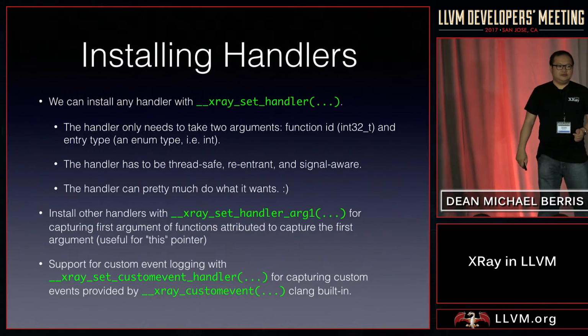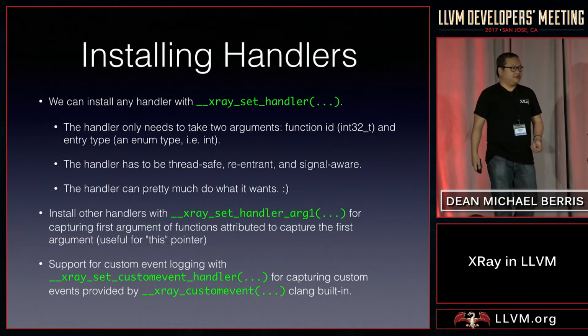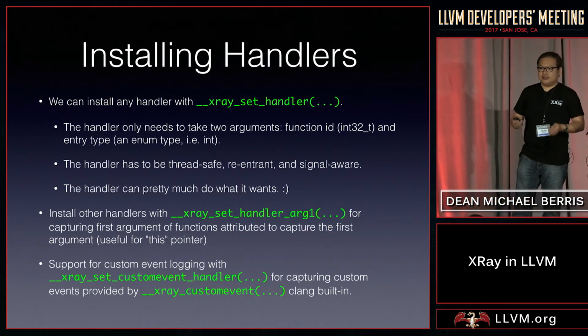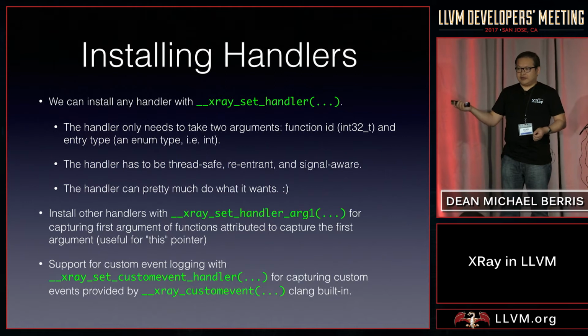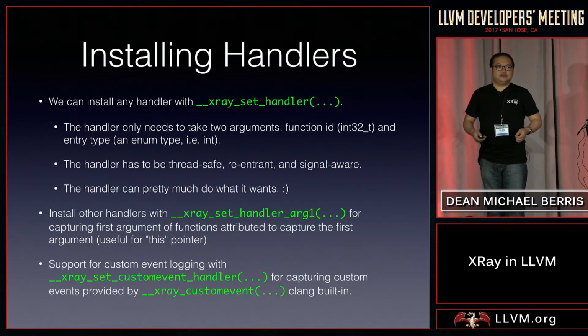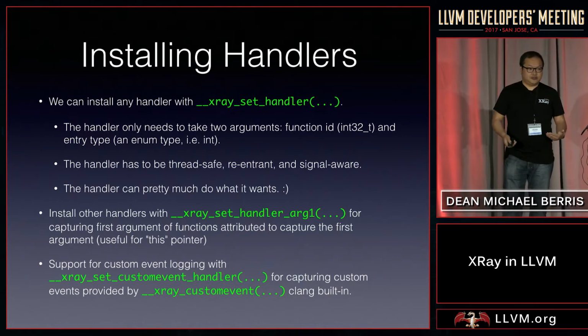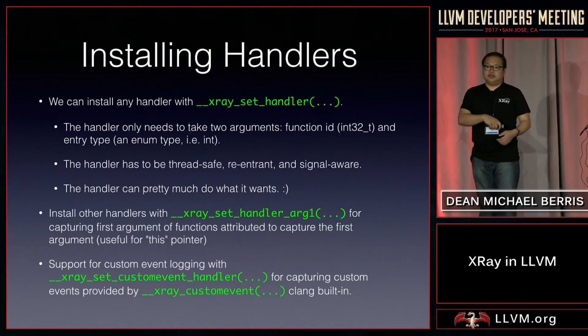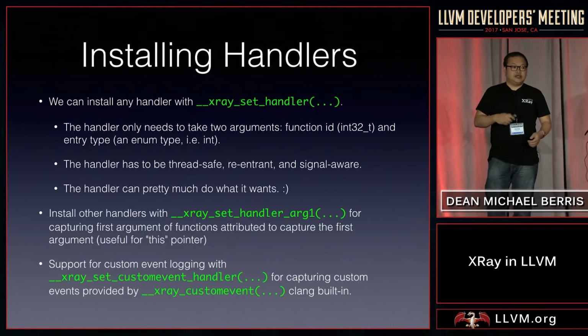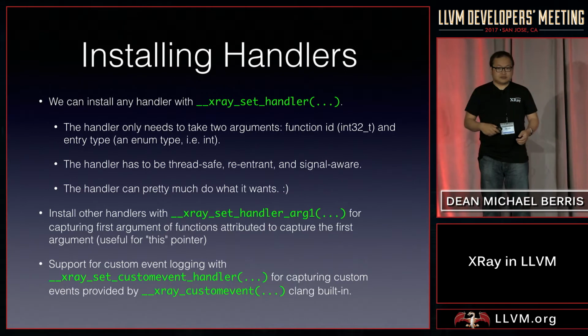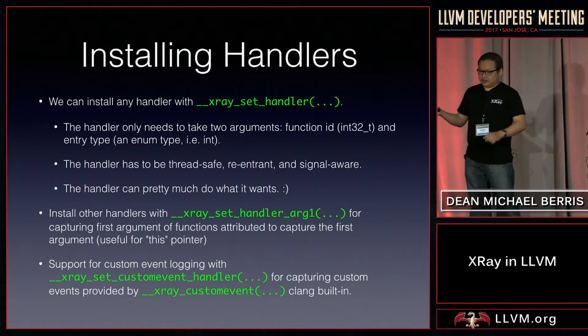So what do you do when you want to actually intercept these events? There are functions in the compiler RT part of X-ray that allow you to install function pointers that get called by the trampolines when these entry and exit events come in. We also have a mechanism for custom event logging.